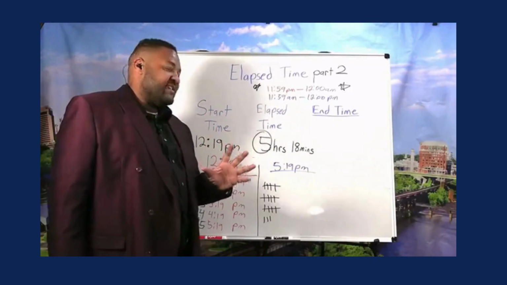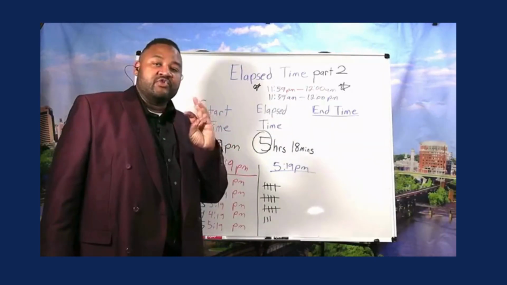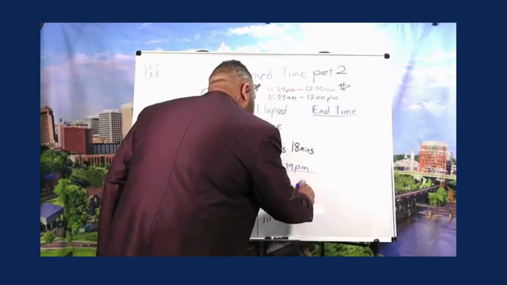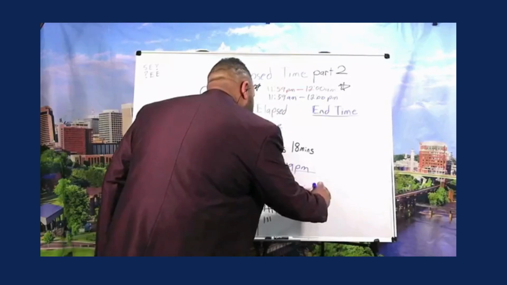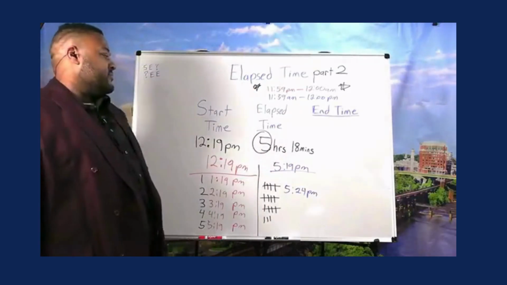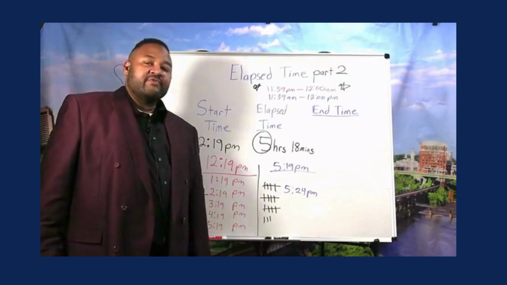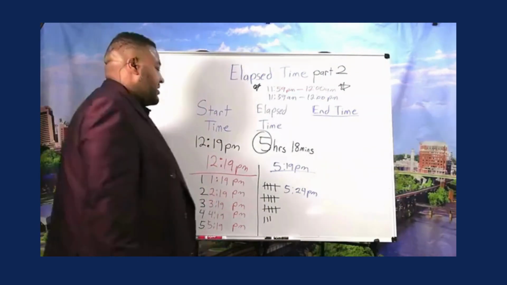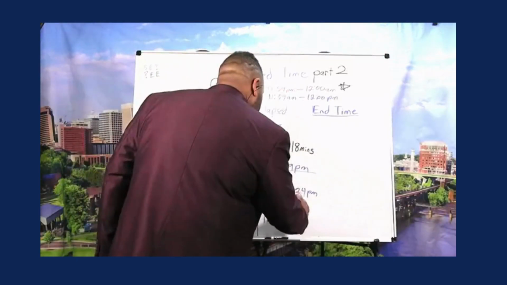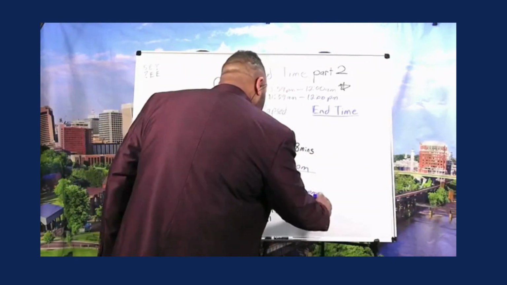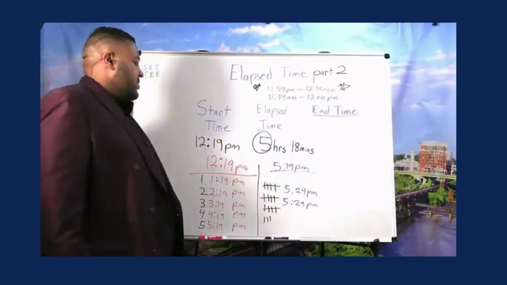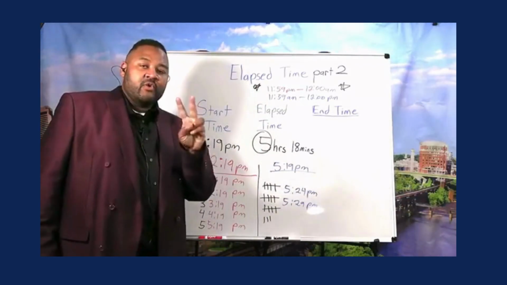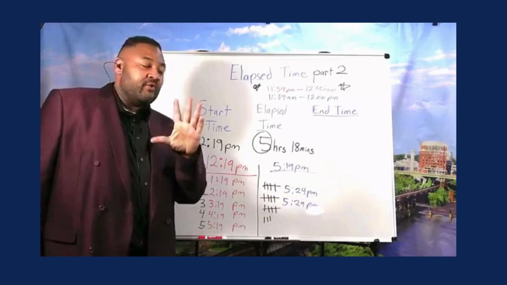What comes after 19? 20, 21, 22, 23, 24. So now it's 5:24 p.m. What comes after 24? 25, 26, 27, 28, 29. What comes after 29? 30, 31, 32, 33, 34.